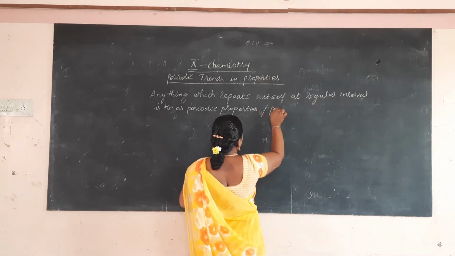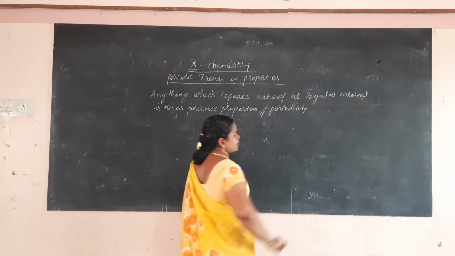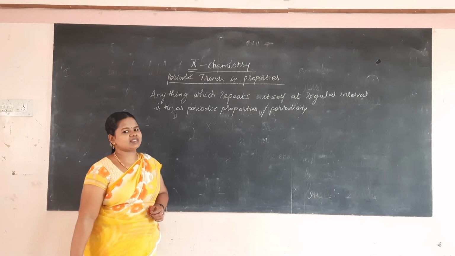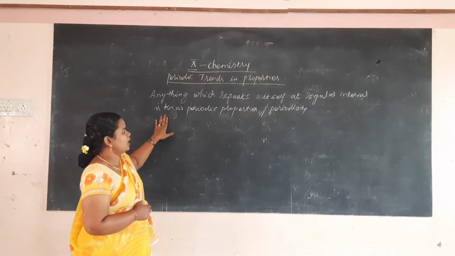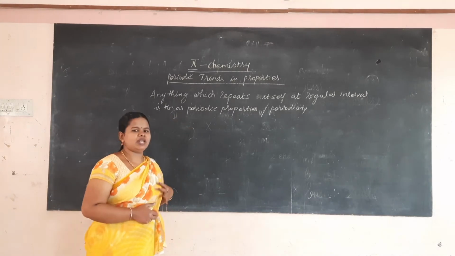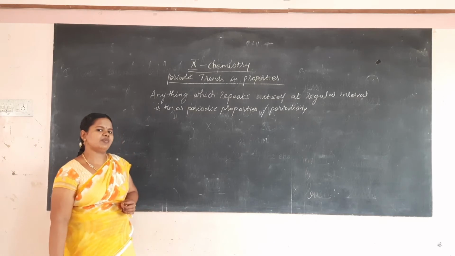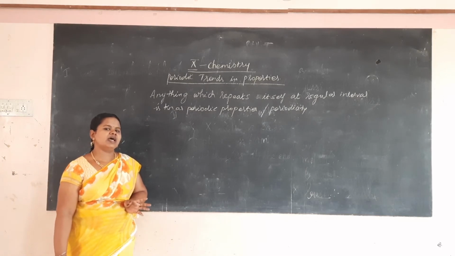In the periodic table, the properties are repeated for different elements. So anything which repeats itself at regular intervals is known as periodic property or periodicity. Here the electronic configuration helps us to explain the chemical and physical properties of different elements.